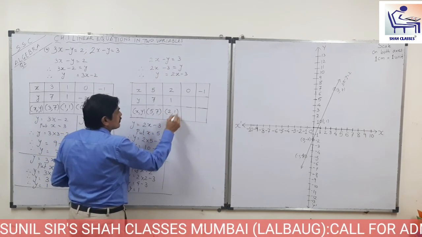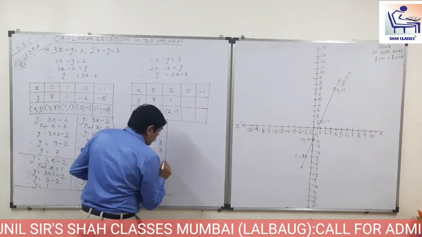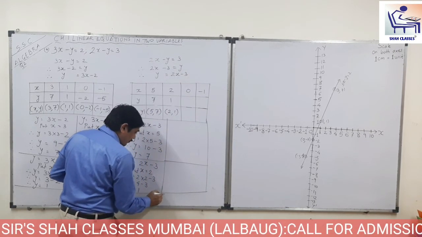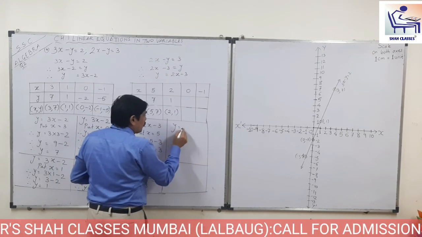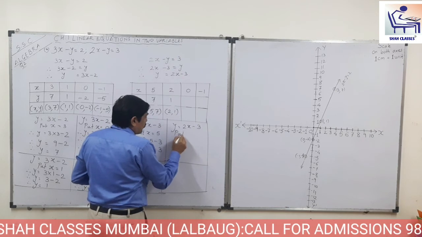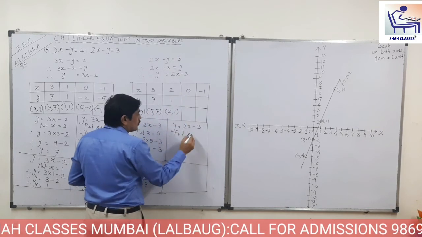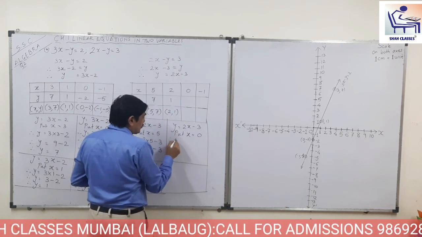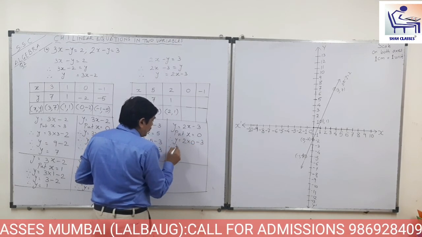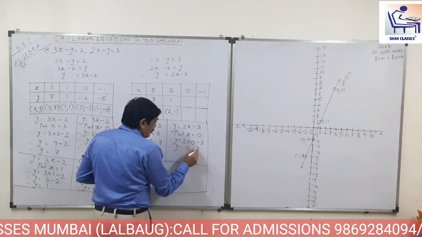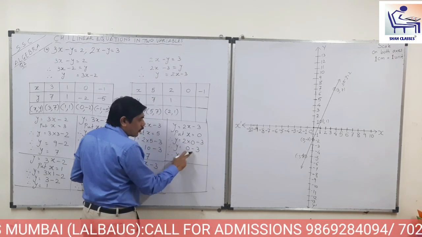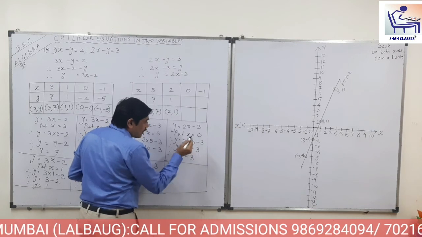For the third value, y is equal to 2x minus 3, put x is equal to 0. We got the value of 0, 2 into 0 is 0, 0 minus 3 is minus 3.